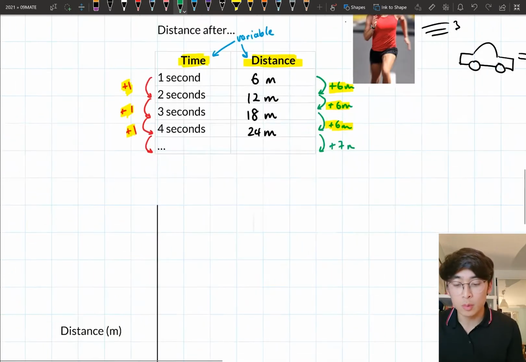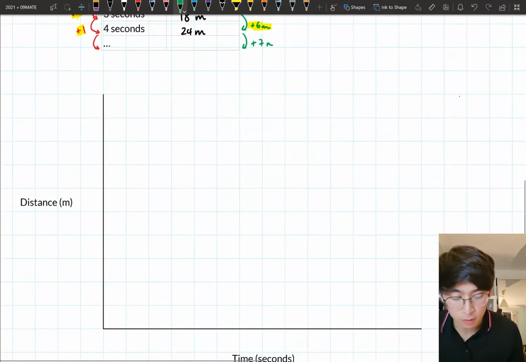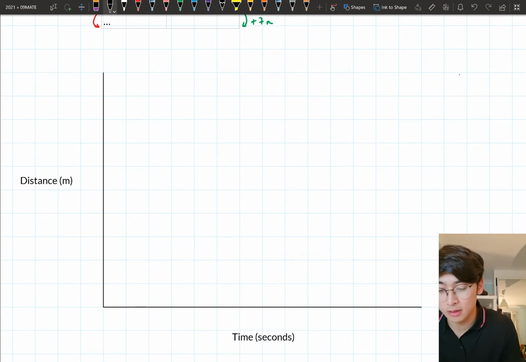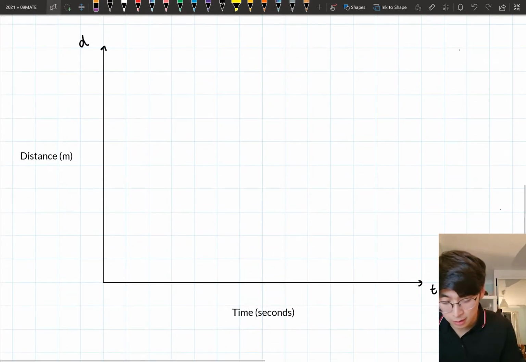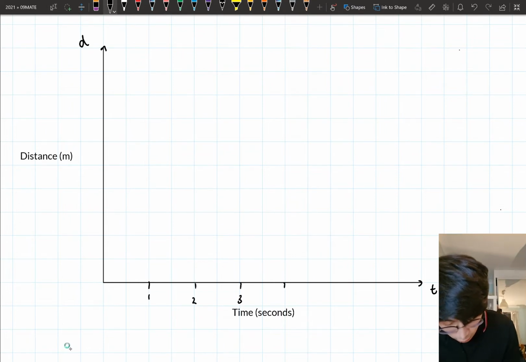So what we can do is actually graph this on a Cartesian plane. Here, I've got distance in meters, so on my y-axis, I'm going to have d for distance. And on my x-axis, I'm going to have t for time. And I can actually plot this. I've got 1, 2, 3, 4, 5, and so on.